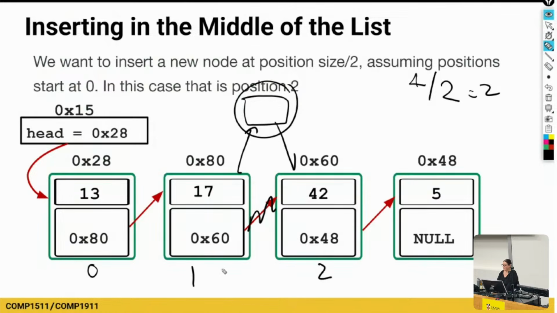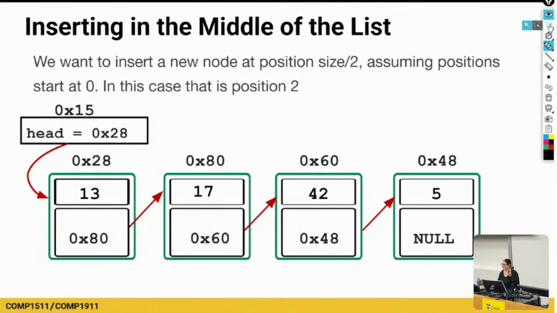We want to stop just before node 2, just one before, because we want this new node to be node 2. But it doesn't matter if you were off by 1, you'd see it and you'd juggle it accordingly. So now we're just going to have a while loop that counts along and basically stops around halfway. Then it's going to try and attach this new node.